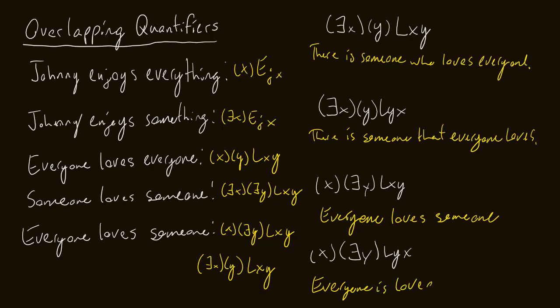Everyone is loved by someone. And again, this comes from the literal translation of for all x, there exists a y, such that y loves x. So we're saying everyone is loved by someone.